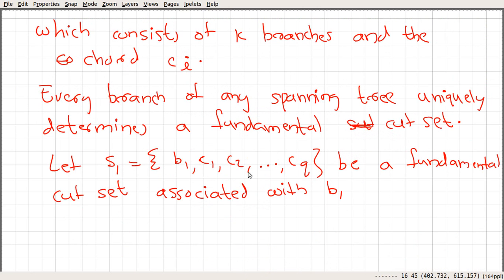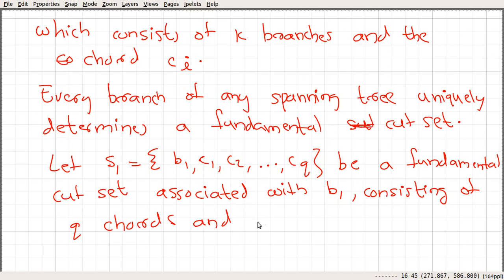So it will contain B1 along with some chords, and let the chords be say C1, C2 up to CQ, consisting of Q chords, and the branch B1.